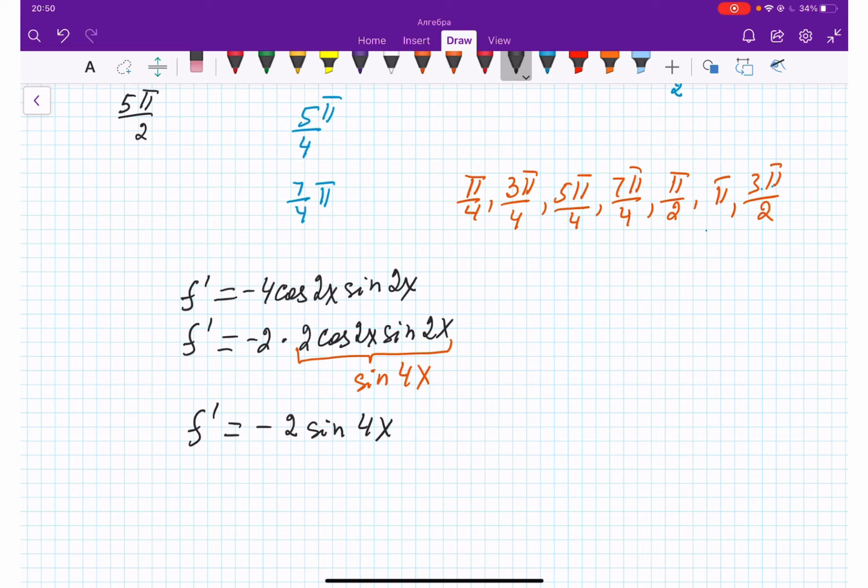Okay. So let's start figuring out the intervals and the sign of the derivative on each interval. If the derivative is positive, then the graph is increasing on that interval. If the derivative is negative, then the graph is decreasing on that interval.